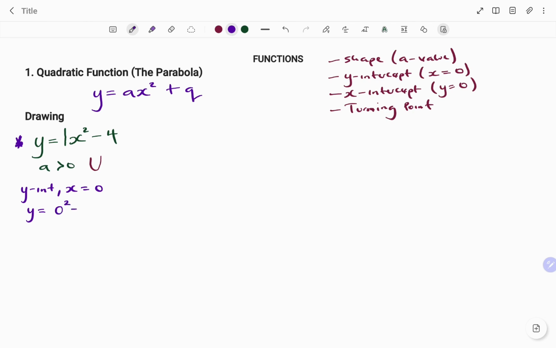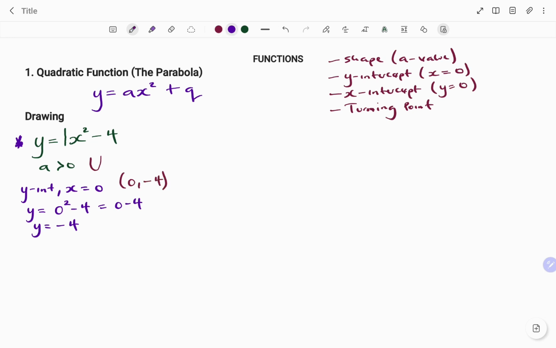So I have 0 squared minus 4, that's equal to 0 minus 4. So therefore y equals negative 4. The coordinates of my y-intercept will be x is 0 and y is negative 4.